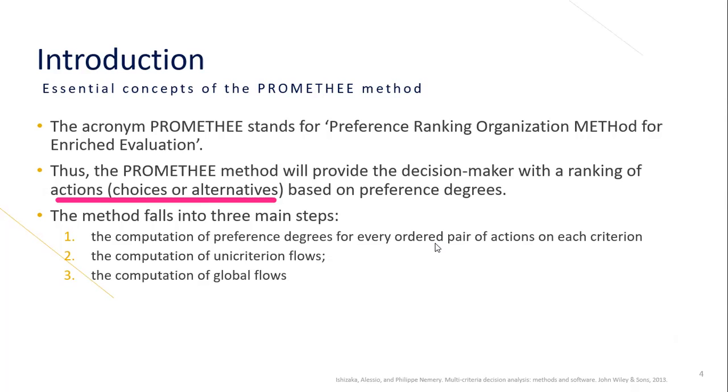For example, last time I remember we discussed selecting a car. Among several cars available, which in this method are called alternatives or actions, let's say you want to buy a car. The action is to select a sport car, luxury car, an economic car, something like that.